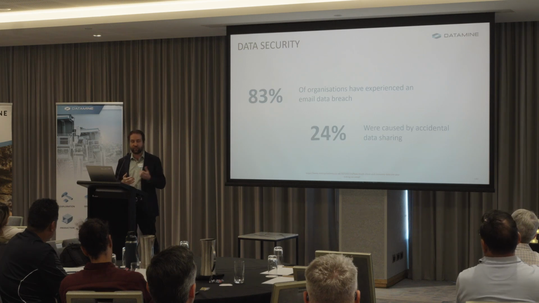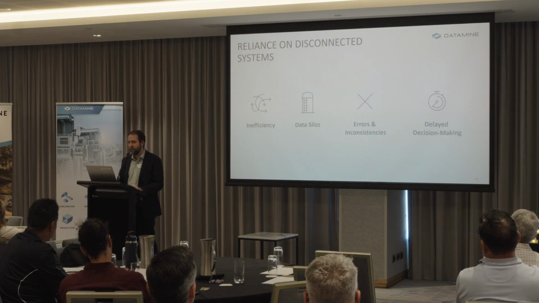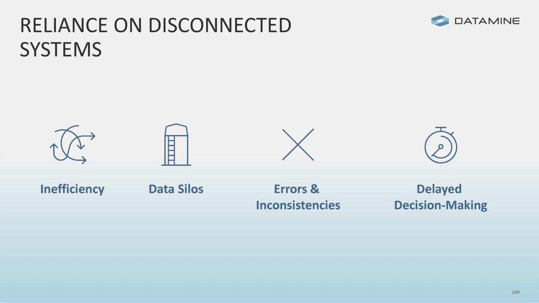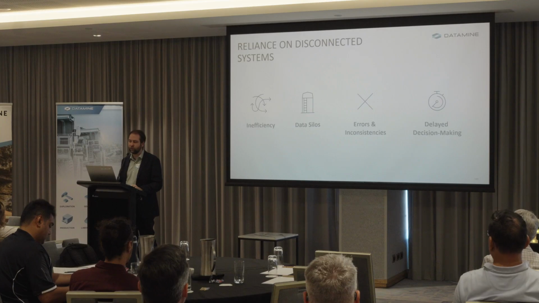And like I mentioned, this is just one of the ones that I mentioned before. Our reliance on these disconnected systems is commonplace, and some of these are buzzwords these days. I think data silos is probably the most common term that I've heard in a mining environment. I don't know if everyone believes in them, but we all know what we're talking about.